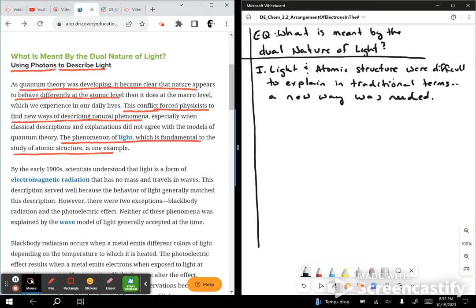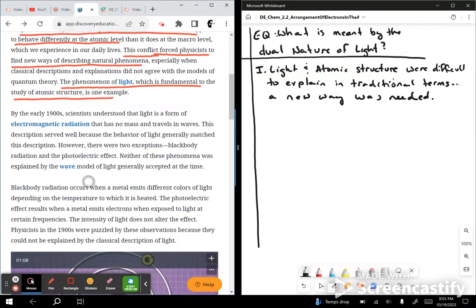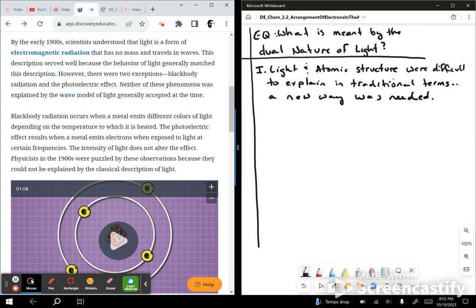If we come back over here, by the early 1900s, scientists understood that light is a form of electromagnetic radiation that has no mass and travels in waves. As good as this explanation was, let's go and underline that, okay?